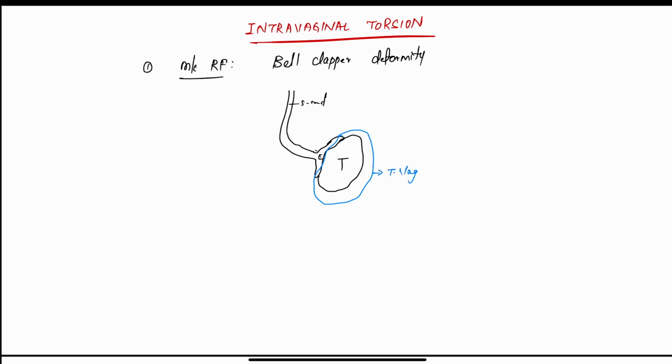So this is a normal testis, in which we have the epididymis on the posterior aspect and the tunica vaginalis covering over it. This is how a normal testis looks.